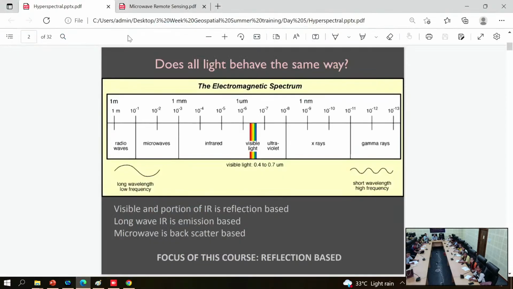In the electromagnetic spectrum, we are able to see that blue and violet have very small wavelength, 0.4 micron or 400 nanometers. Red is somewhere close to 660 to 700, and this near infrared we saw when we were doing NDVI calculations, 800, right?